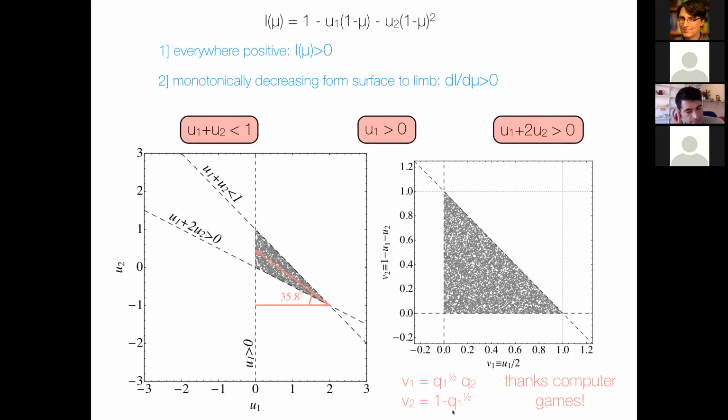So I didn't invent this, I just found it. Don't ask me why I was looking at a computer games book, but I found it in a computer games book that you can use this trick. So using this, you can actually sample from the triangle here perfectly, 100% efficiency every time. So I was very appreciative to notice that.